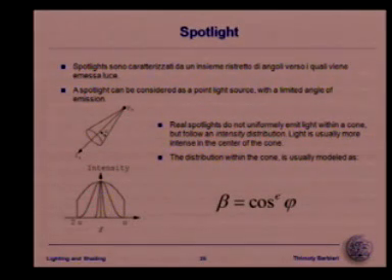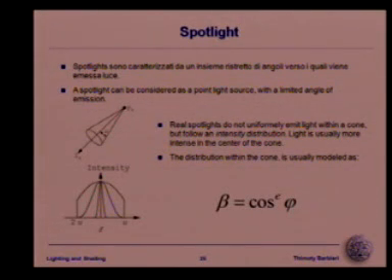Then you need to know a vector which describes the direction of the spotlight. And another thing that you can use is a distribution factor which describes how light intensity is distributed within the cone.